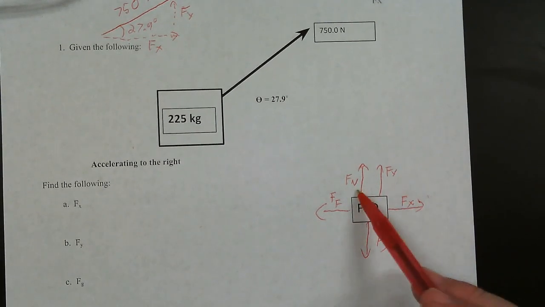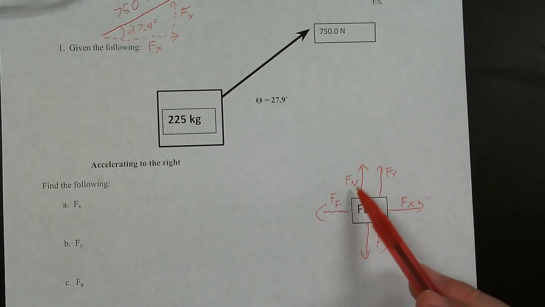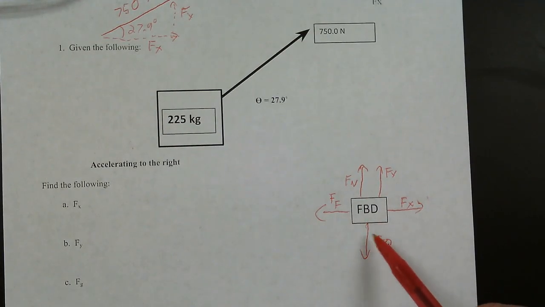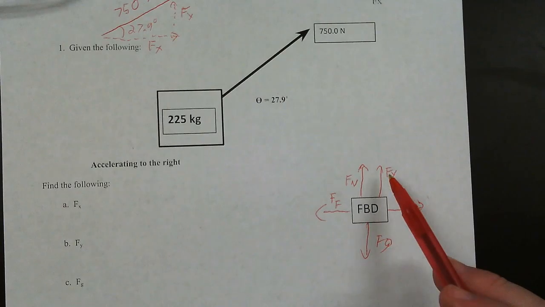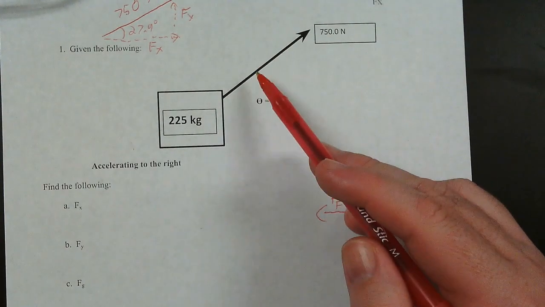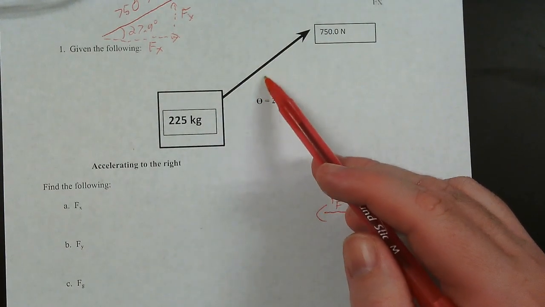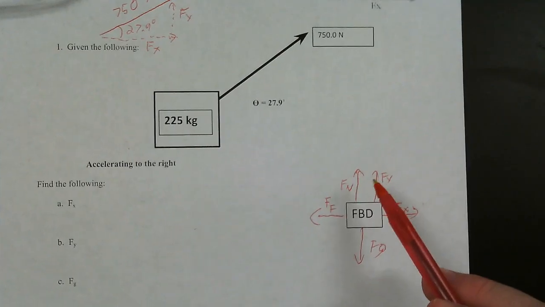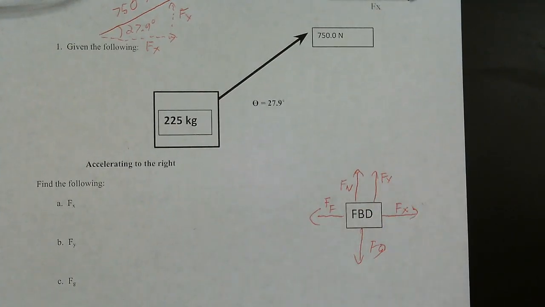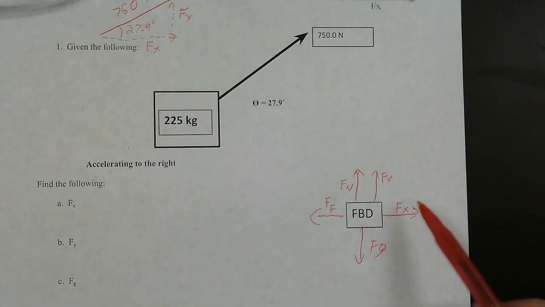These are different forces. Fn is the result of the object being on a surface. Fy is the result of me applying a force upwards at an angle. I have an Fy and an Fn in this case. That is going to be important information later. But there is my free body diagram.